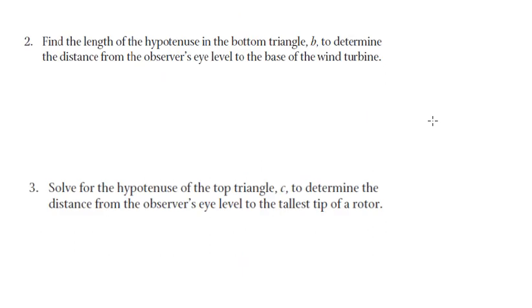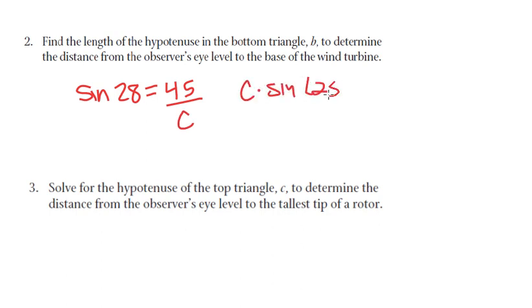So I'm going to set up there that the sine of 28 degrees is going to be equal to the value of the opposite there, which is 45, over the hypotenuse, which I don't know, so that's going to be C. So I know that C multiplied by the sine of 28 is going to equal 45.